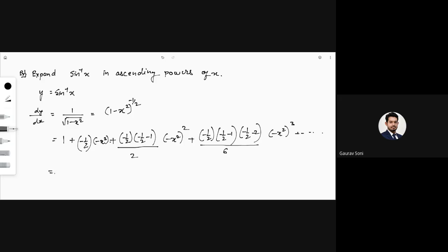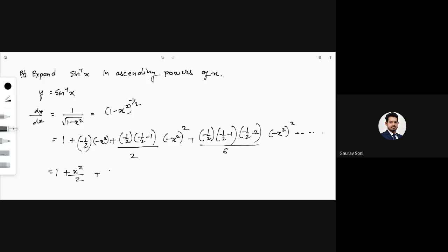So this is 1 plus x square by 2. Minus 1 by 2, and this will be minus 3 by 2. So minus minus will become positive. Minus x square whole square is again positive.